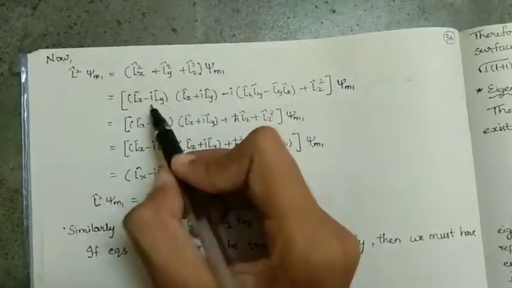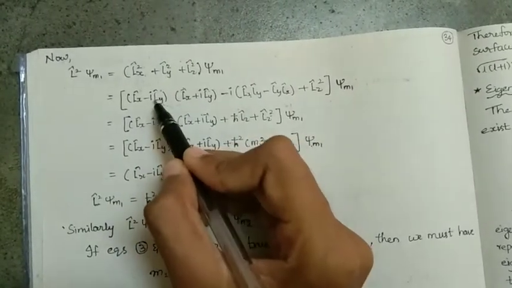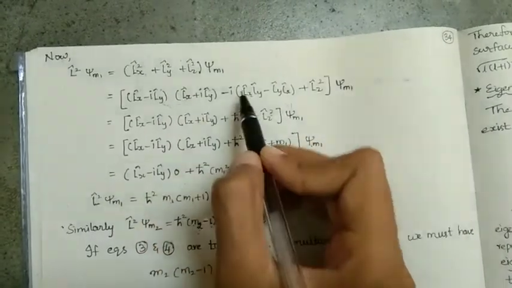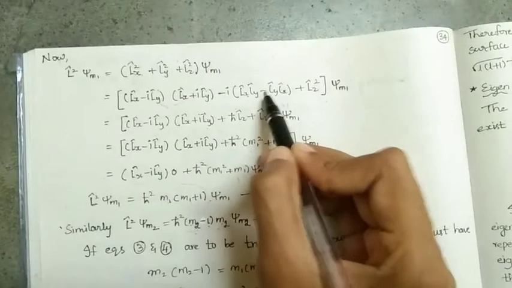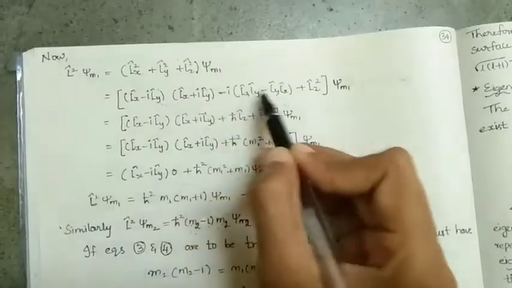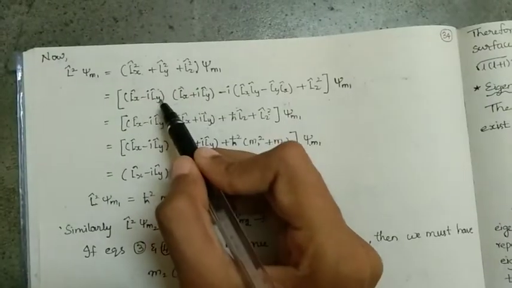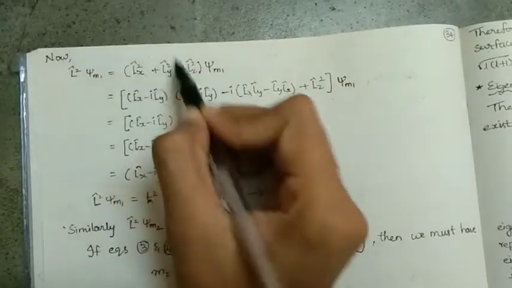And next thing is, if we multiply this term with this, minus Ily Lx. So here, minus minus, Ly Lx, minus into minus plus, so plus Ily Lx, here minus Ily Lx. So both of them would get cancelled, and finally we would have only these terms.